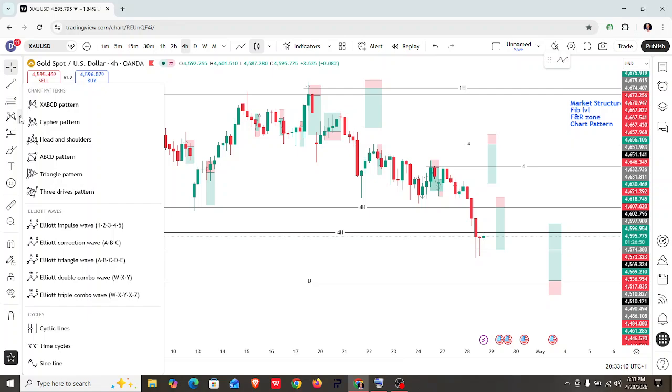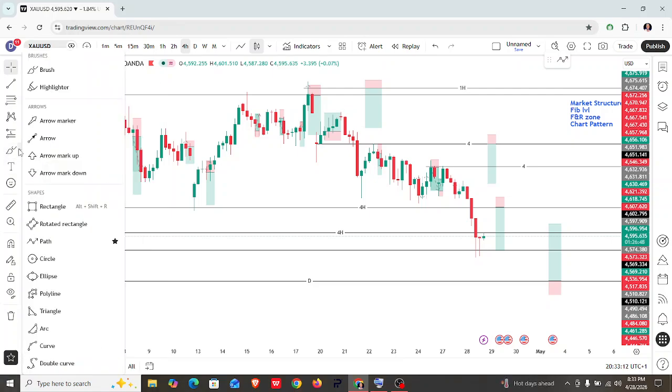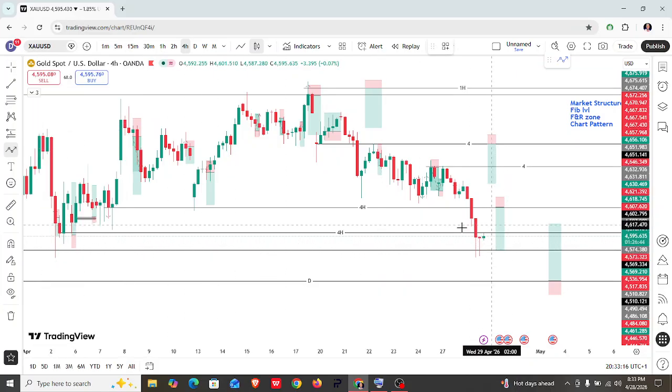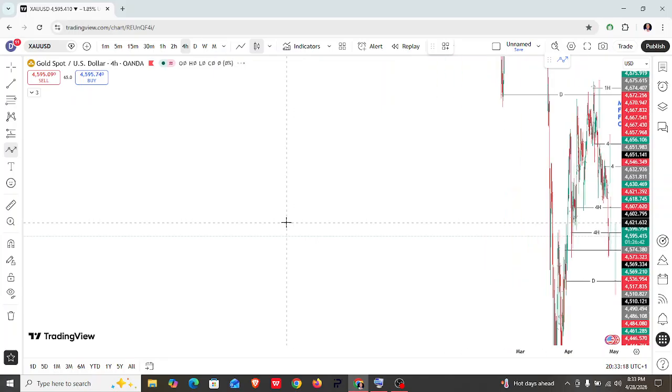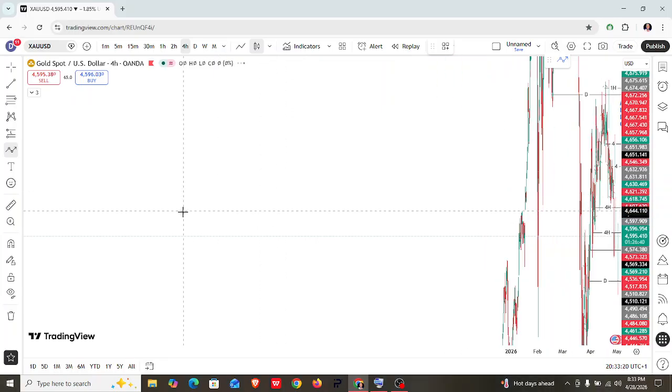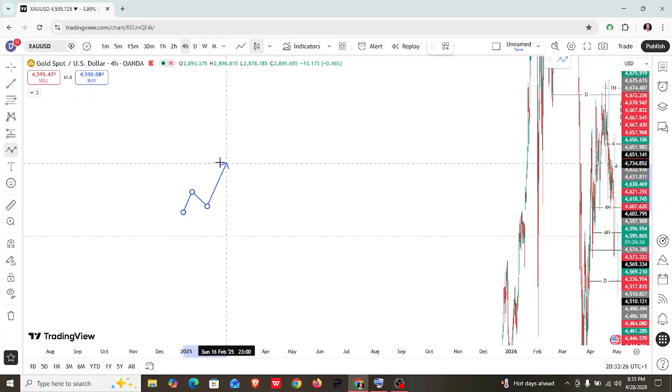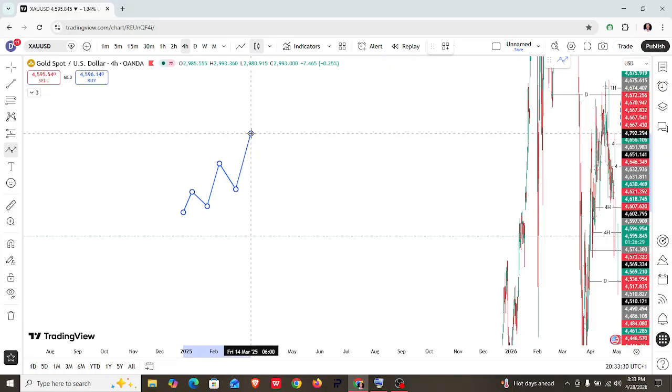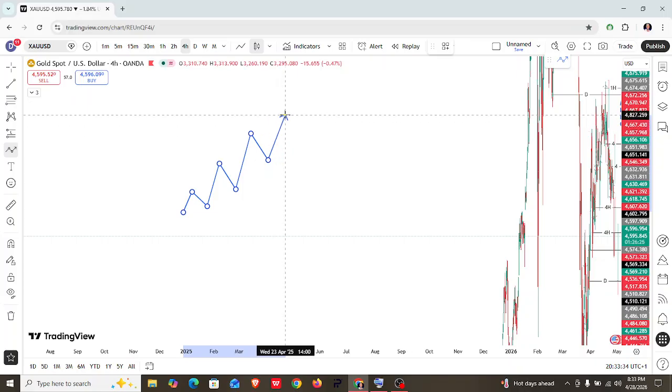When price is creating highs, let me find this. Okay. Market structure is like this. When price is creating a series of higher highs, higher lows, higher high, higher low, and higher high, this is an uptrend.